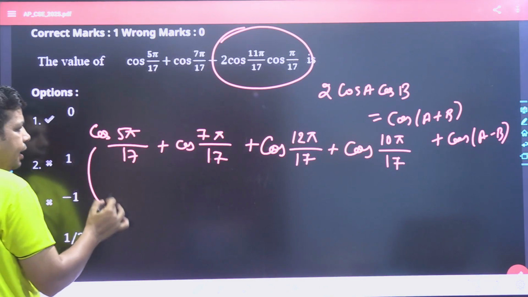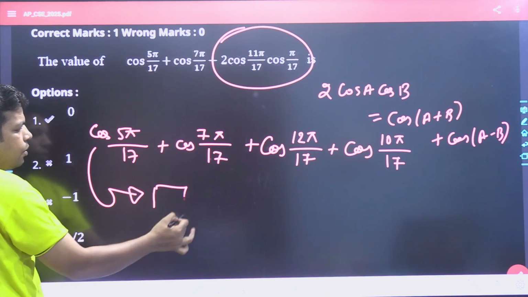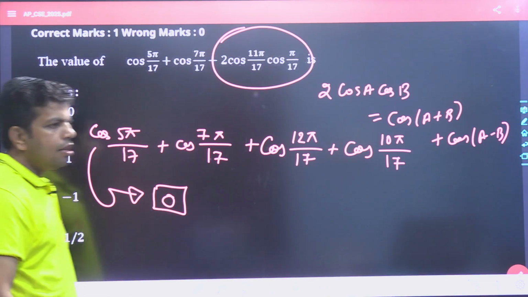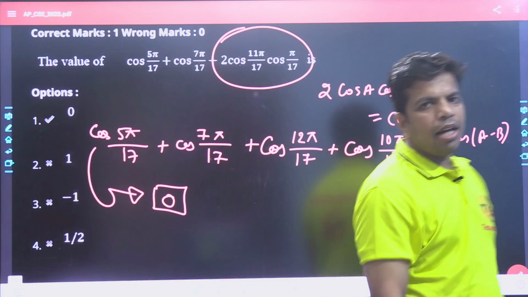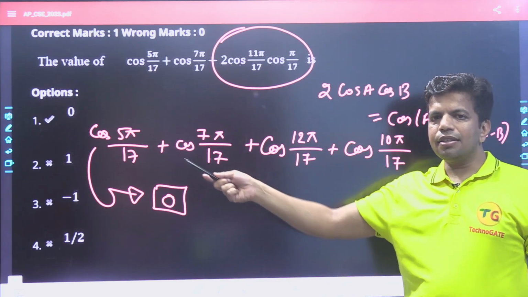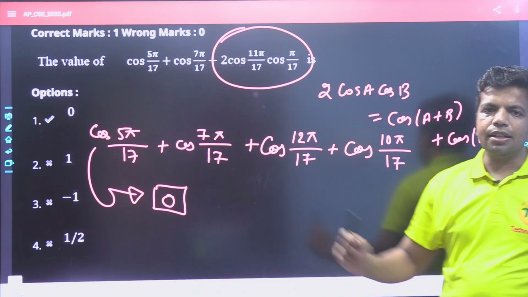By the value of cos, that is the identity we are having.